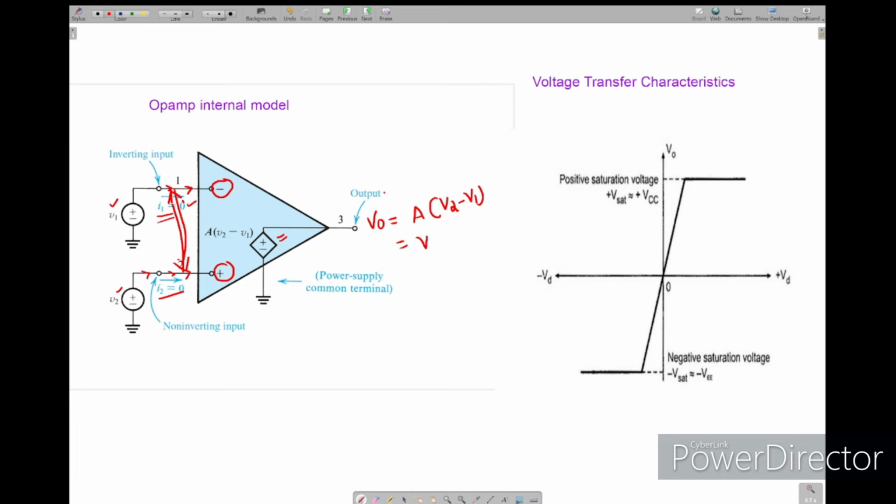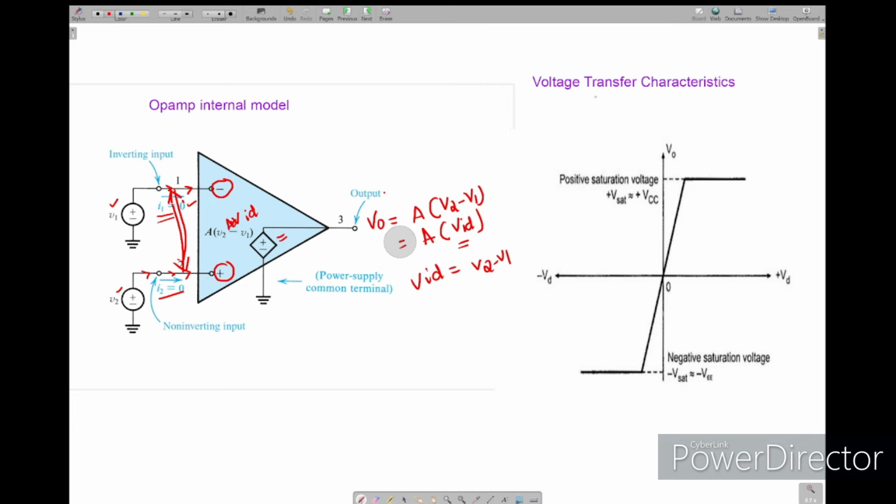This gain I will take as A, and this is V difference. VID is nothing but the difference of non-inverting to inverting, so V2 minus V1. The output we get at the op amp is V0 equal to gain times V2 minus V1. This is the internal model of the circuit. This is VID, A times VID.